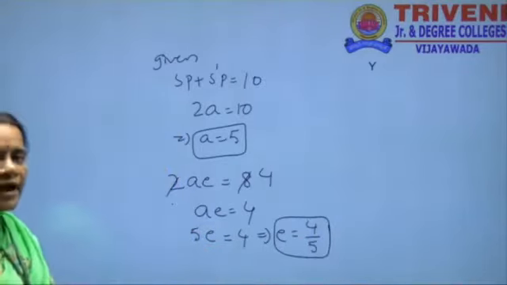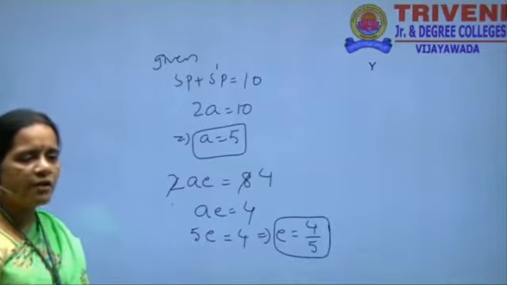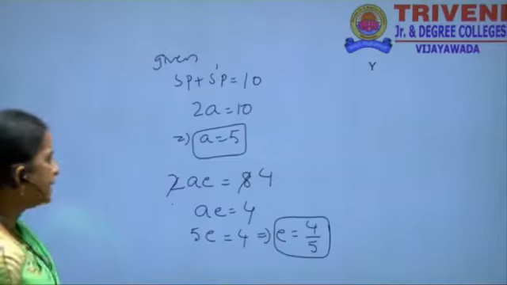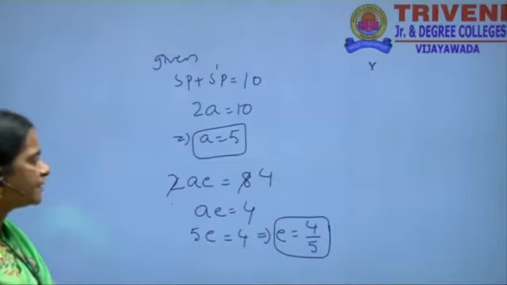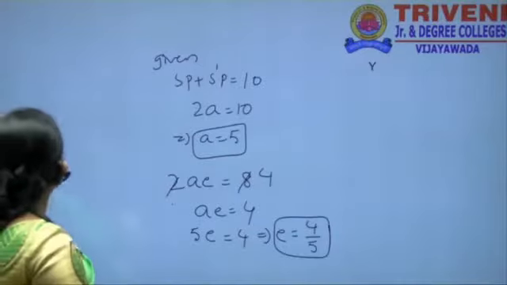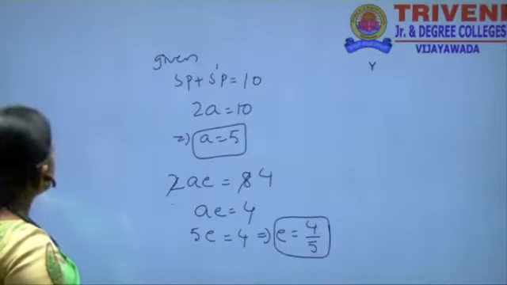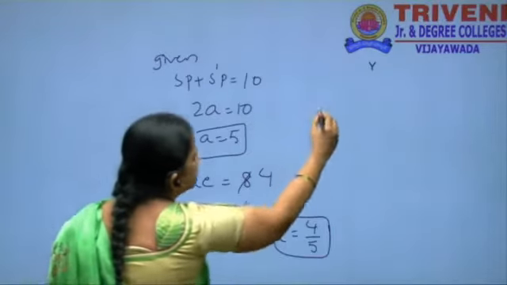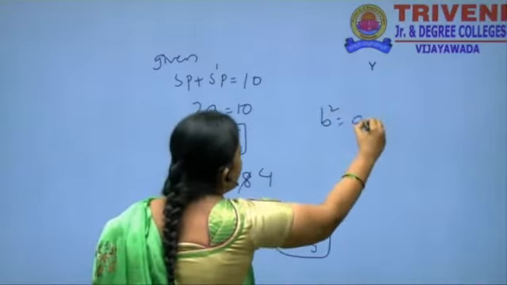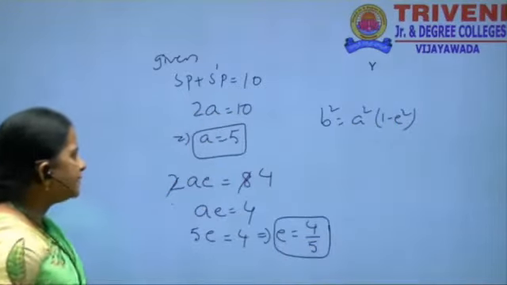Then we have to find the standard form of the ellipse. First we have to find the value of b here. Substituting a equal to 5 and e equal to 4 by 5 in the equation, b square is equal to a square into 1 minus e square.